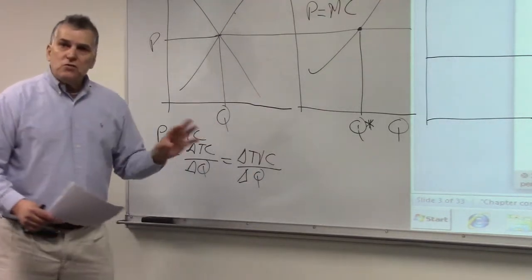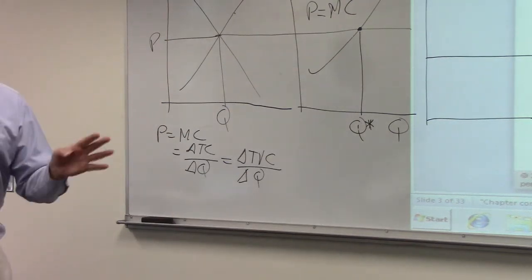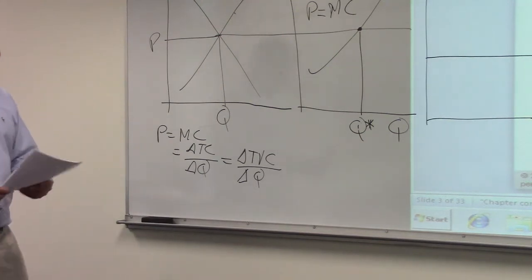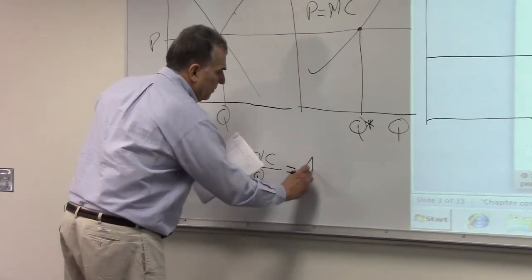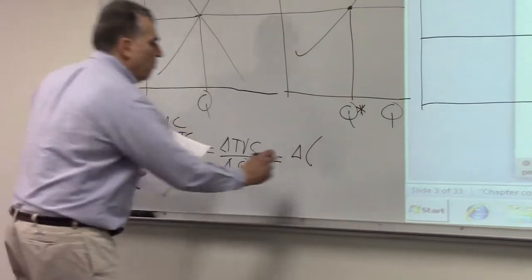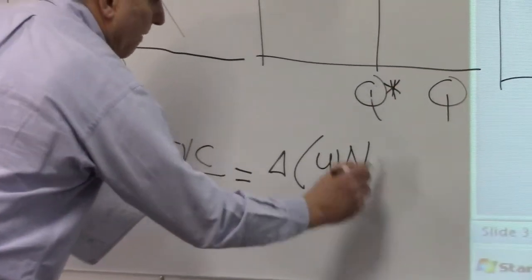Now decompose what variable costs are. Variable costs are the costs associated with the variable input. What's the only variable input in this example? Labor. So the change in variable costs is the change in labor costs. What are labor costs? Wages times N, employment.